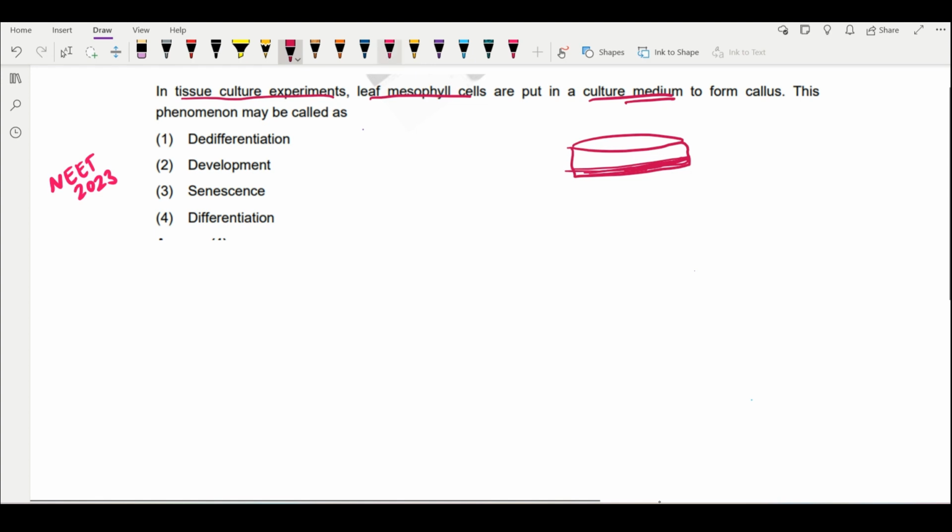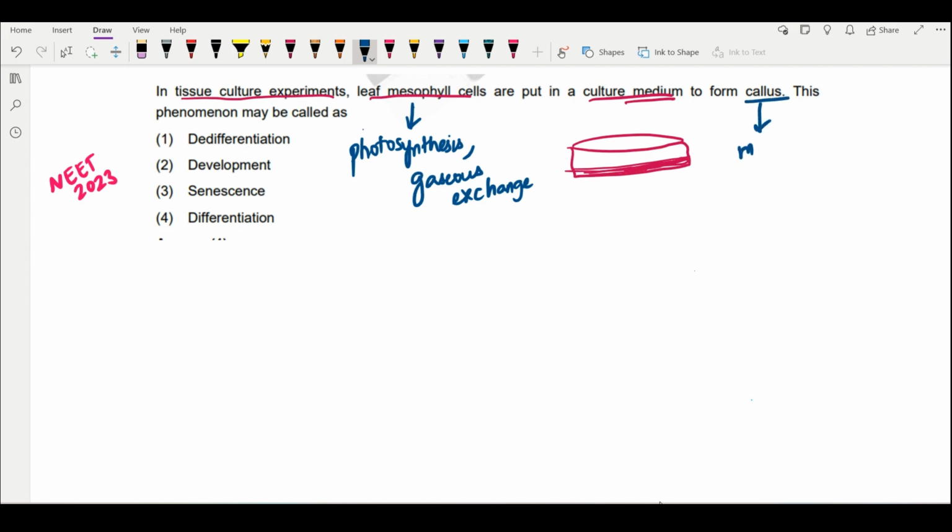What is the function of mesophyll cells? Mesophyll cells play a very important role in photosynthesis and also in gaseous exchange. These mesophyll cells are of two types: palisade mesophyll cells and spongy mesophyll cells. Now, what is callus?